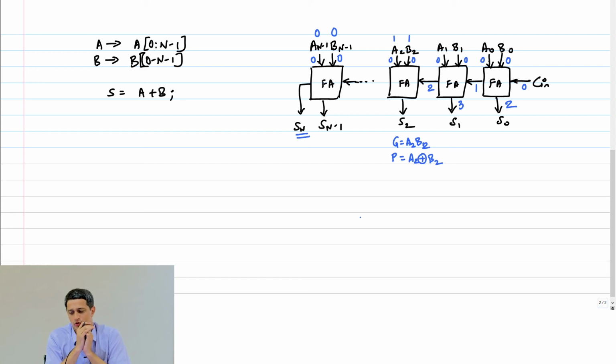Yeah. So you see what's happening, right? There is arrival time 0, 0, S0 is available at time 2, carry out is available at time 1. So that sum takes one more unit. But the idea is, while S1 is being generated, you propagate the second carry out into the next stage. That's why it is important to generate the carry before the sum.